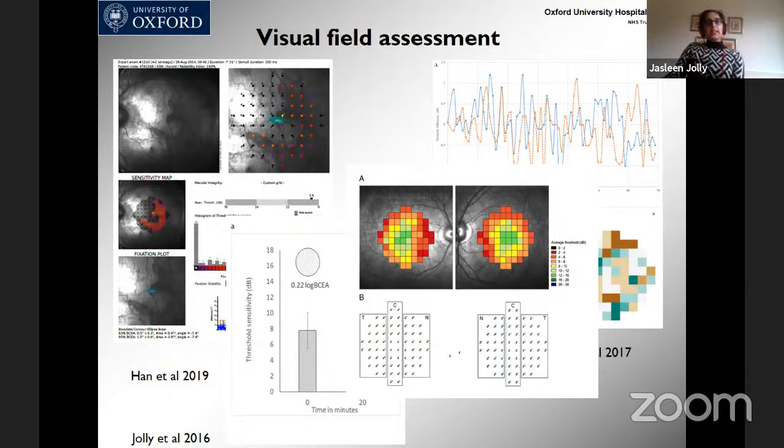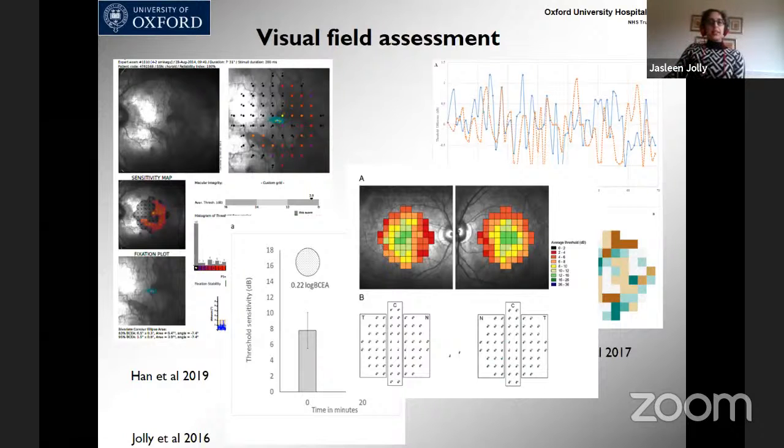And you can see that in the temporal edge here, you get better preservation than you get nasally. So what we were able to do with this information is develop theories about what's causing the progression in the visual loss. Is it related to the underlying blood supply, or where the rods are more concentrated?